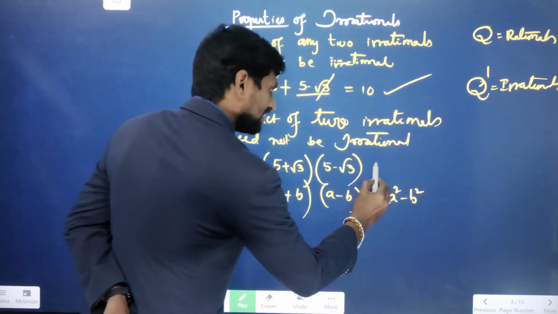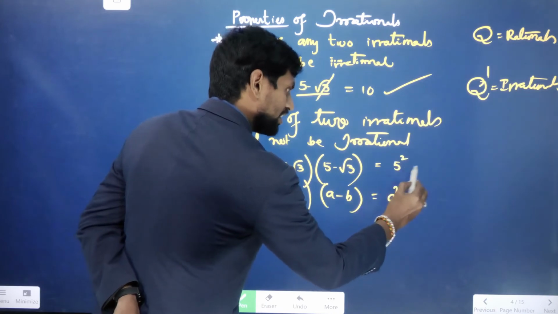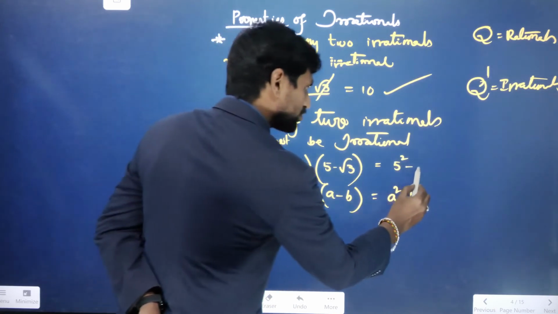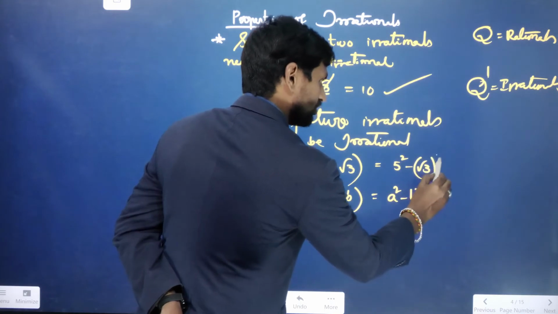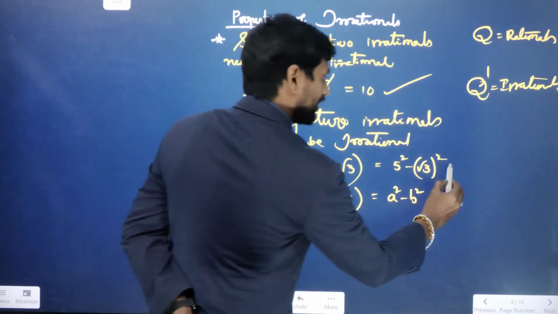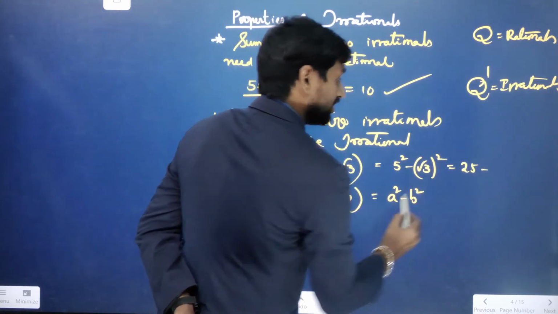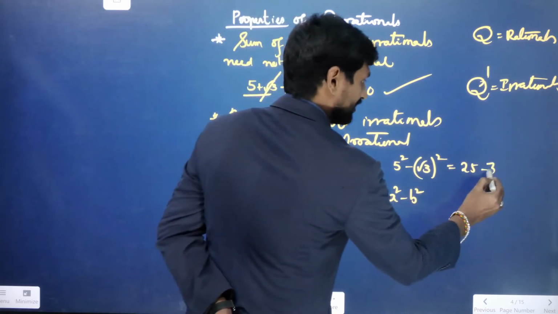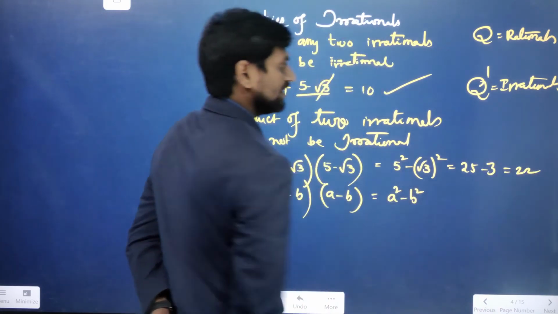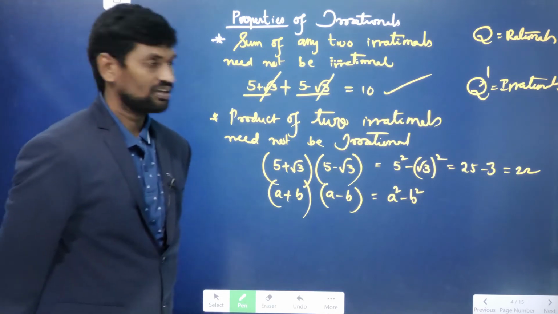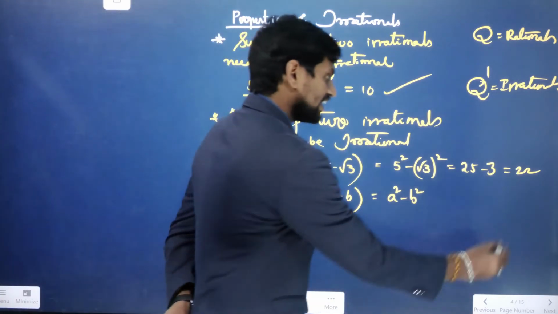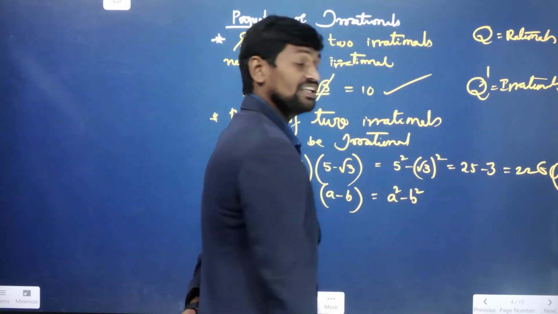Now 5 square minus root 3 whole square. 5 square is 25, root 3 whole square is 3. 25 minus 3 is 22. So 22 is a rational number.